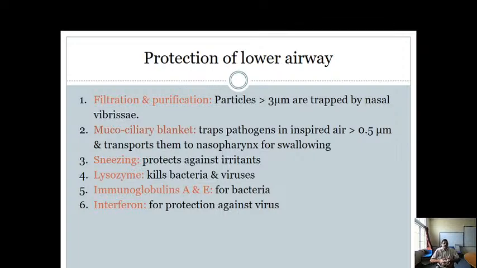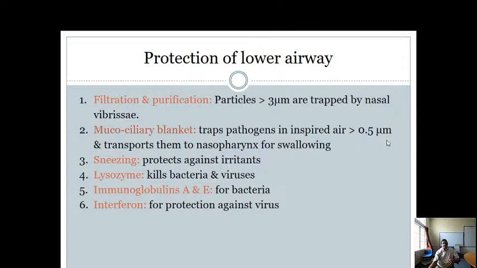To some extent, the particulate matter which are big, more than 3 micrometers, are trapped by the nasal vibrissae. And where are these nasal vibrissae? They are present in the anterior part of the nasal cavity, which is called the nasal vestibule. So they are hairs. They are the ones which filter. That is the first level.